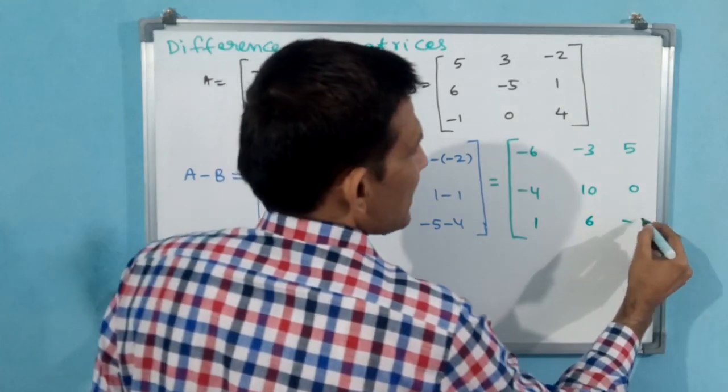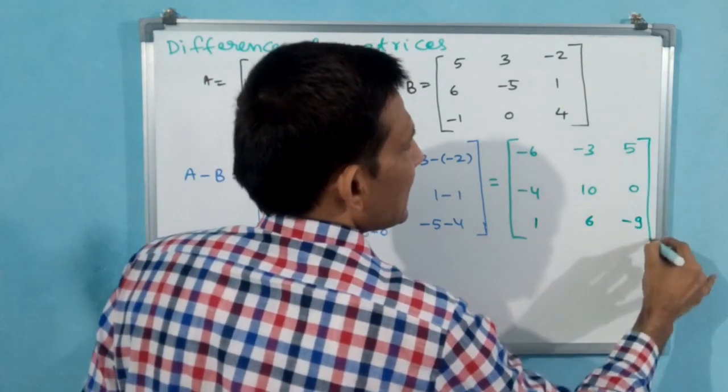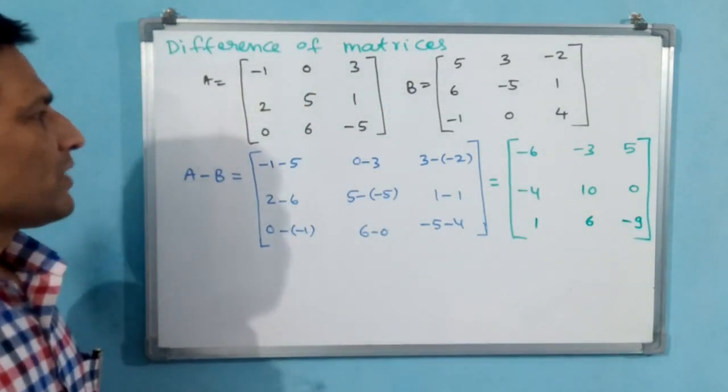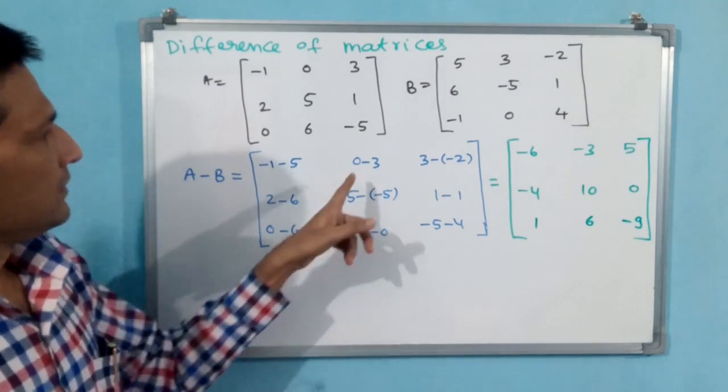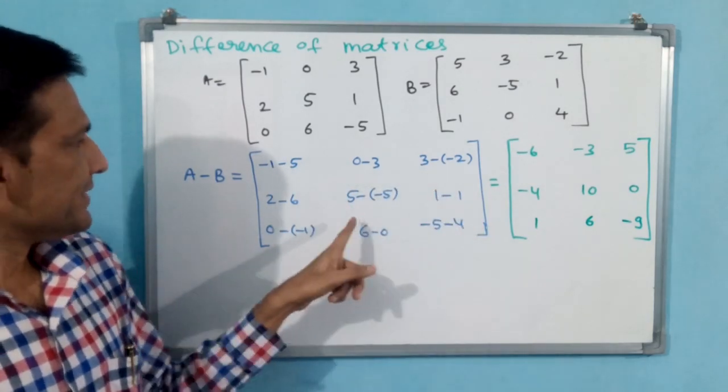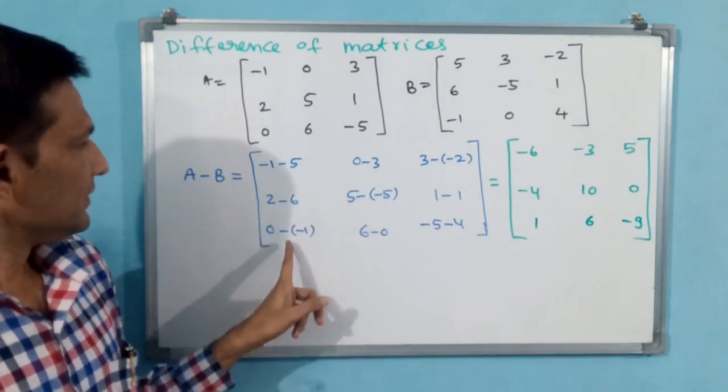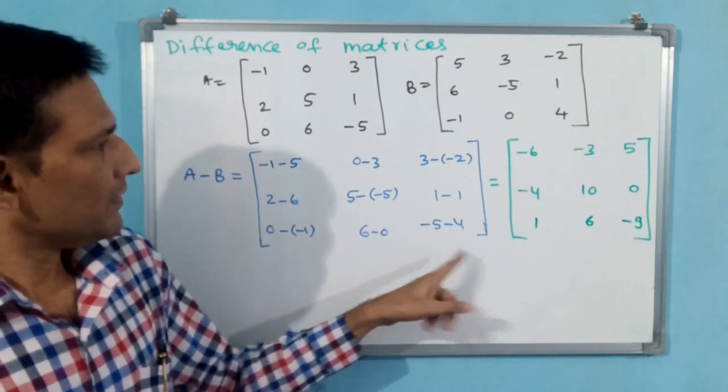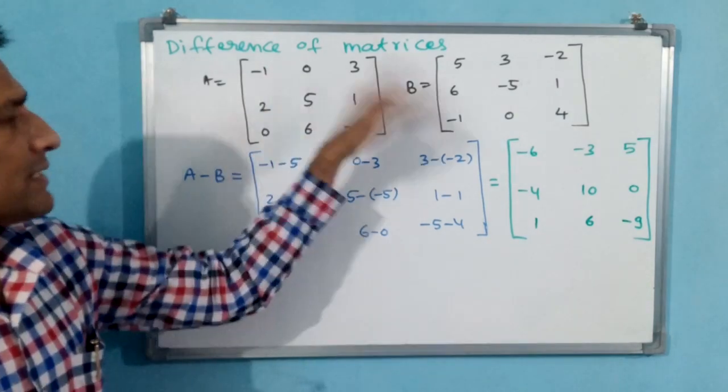Minus 5 minus 4, minus 9. Okay? This is your answer. This will be your answer, difference of matrices.